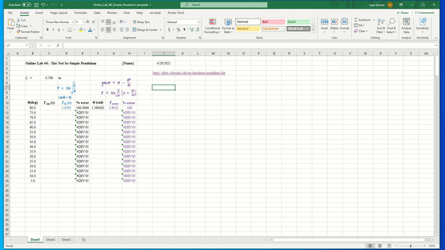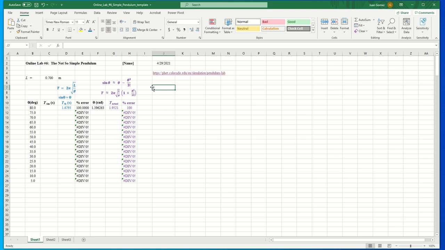Using this approximation, you then get this formula for the period: T is approximately equal to 2 pi root L over g, times parentheses, 1 plus theta squared over 12. We don't need to worry about the derivation, just take my word for it, that formula is correct.